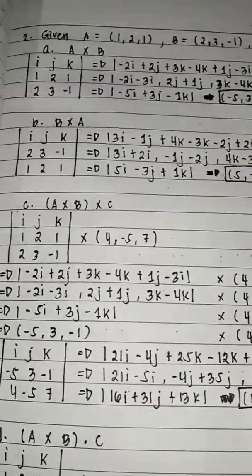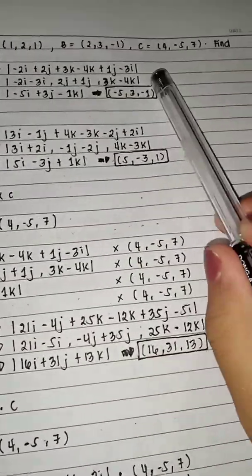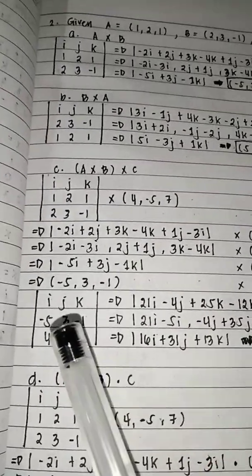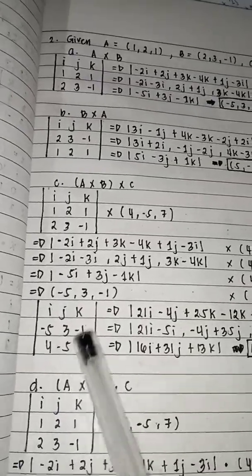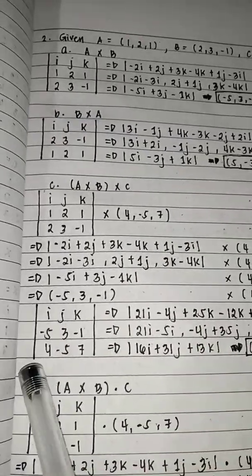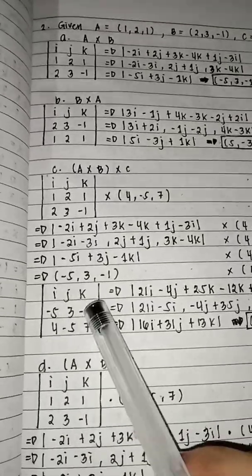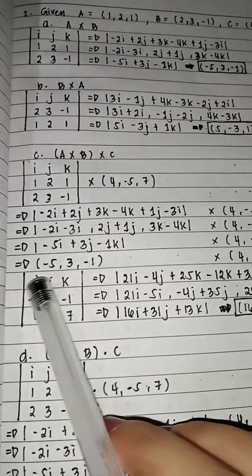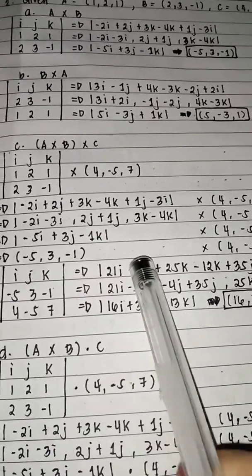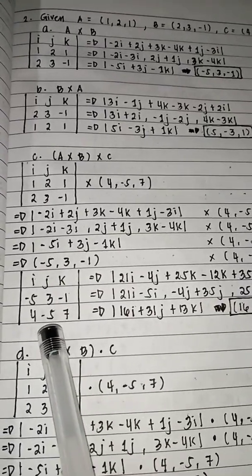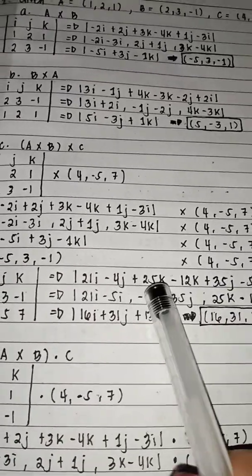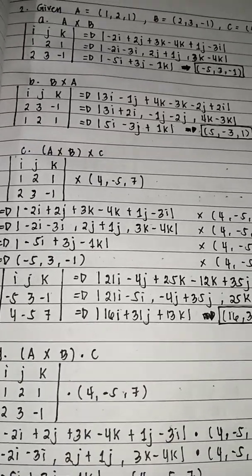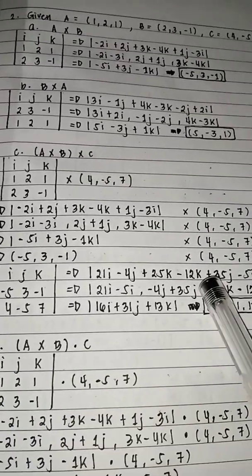So now, we will cross product it to the value of C, which is 4, negative 5, and 7. To compute the cross product with C, we use determinants as follows. i times 3 times 7 is equal to 21i. j times negative 1 times 4 is equal to negative 4j. k times negative 5 times negative 5 is equal to positive 25k. 4 times 3 times k is equal to negative 12k.